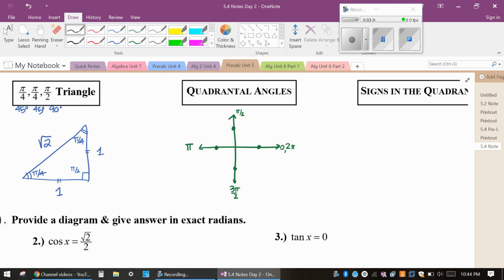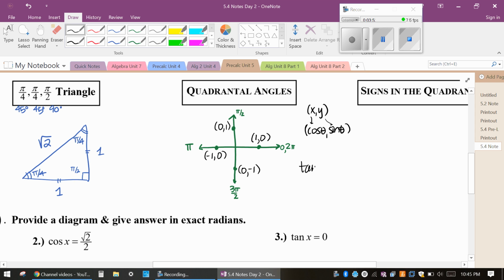The coordinates are 1, 0, 0, 1, negative 1, 0, and 0, negative 1. Remember that instead of x comma y, we use cosine comma sine for our coordinates. So the x value is the cosine and the y value is the sine. And remember that tangent is sine over cosine.